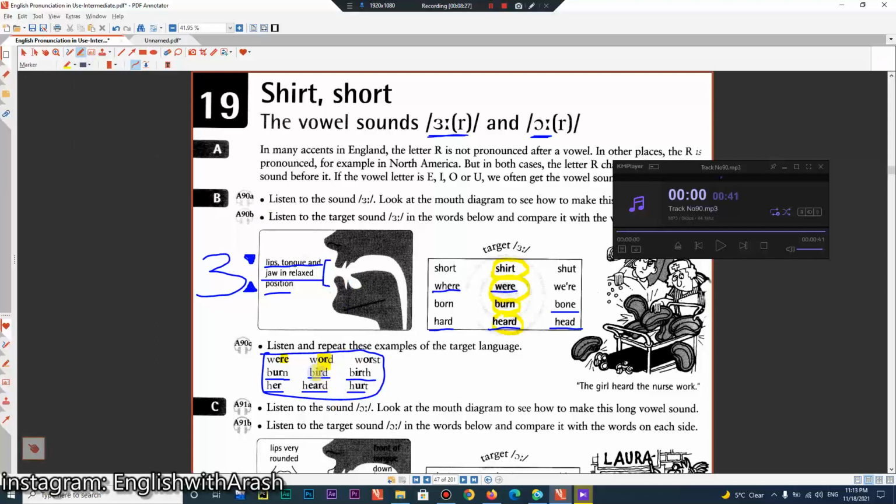Word, where, bird, birth, hurt, heard, her, burn, worst. So that's why we were talking about this R sound, because it exactly helps us get this sound.